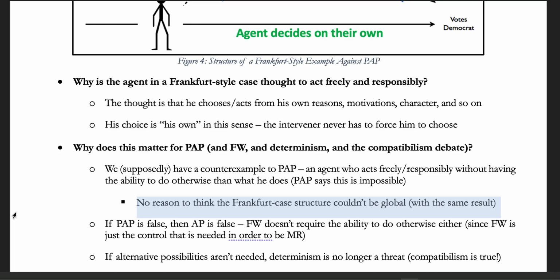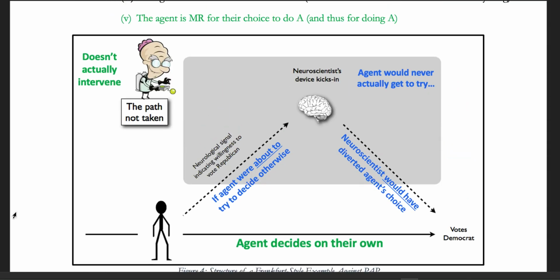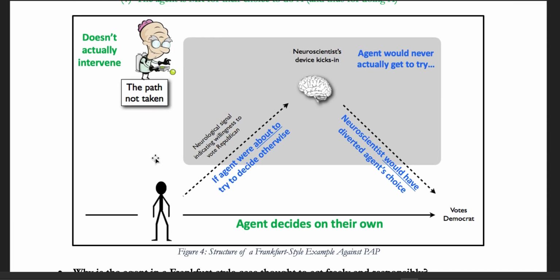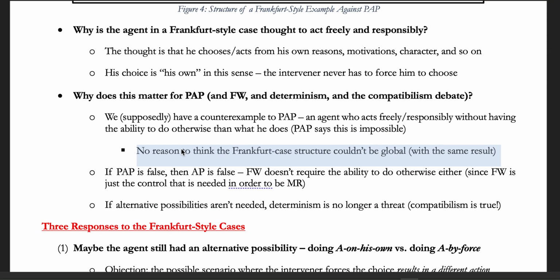But, in fact, they never had to, because you always chose on your own to do what they wanted you to do. The thought is, why would it matter if it was once or every time you chose something? You get the same result.